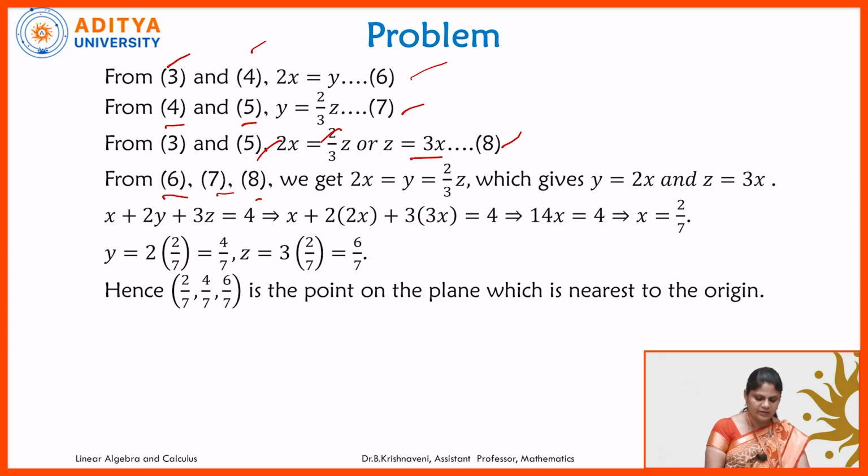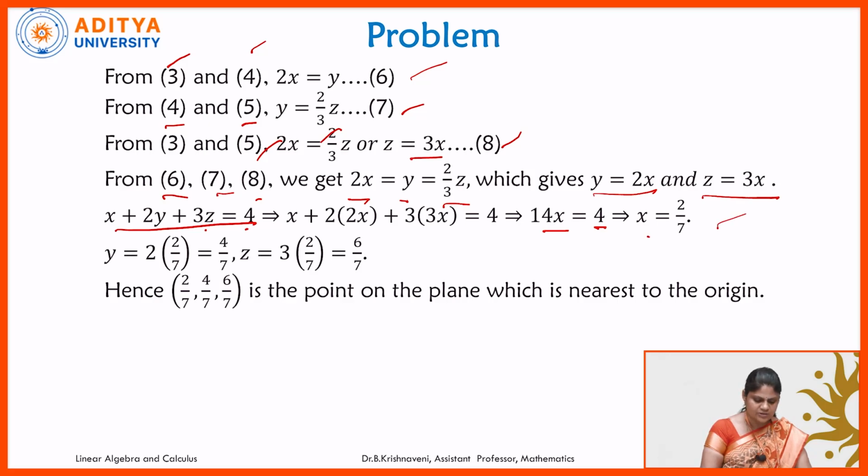From 6, 7, 8, we get y is equal to 2x and z is equal to 3x. Now substitute y equal to 2x and z equal to 3x in the given condition: x plus 2 into 2x plus 3 into 3x is equal to 4, which gives 14x is equal to 4, that is x is equal to 2 by 7.